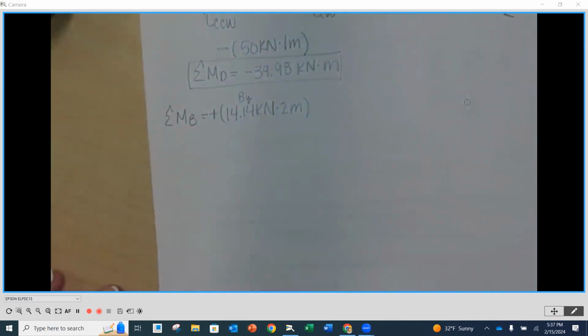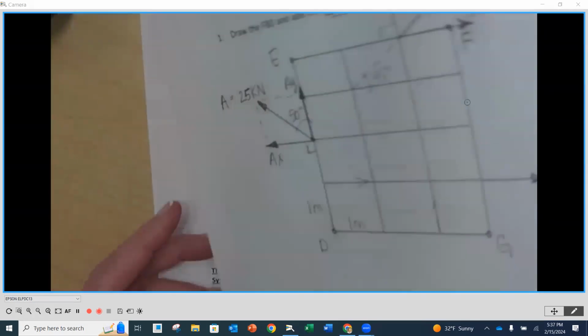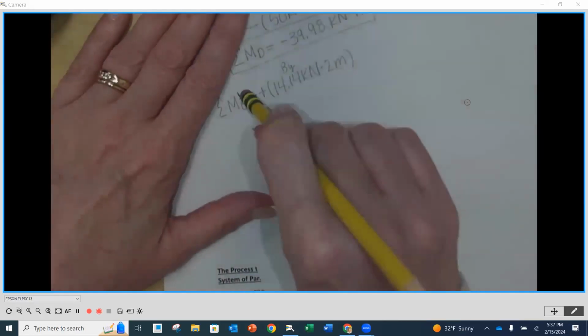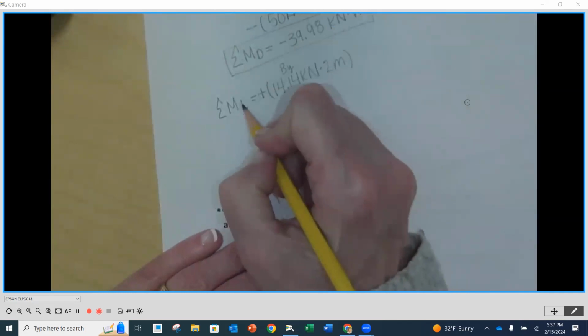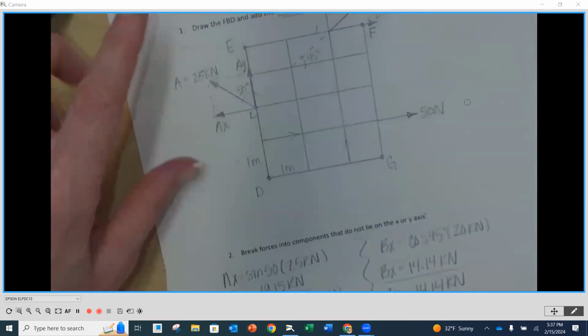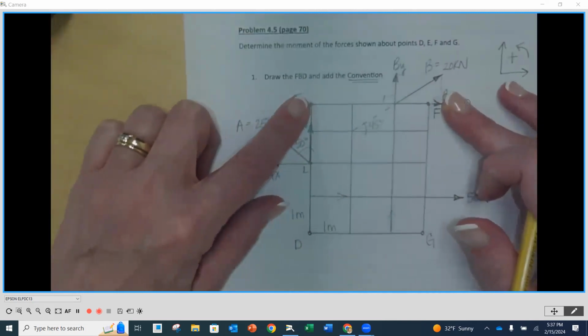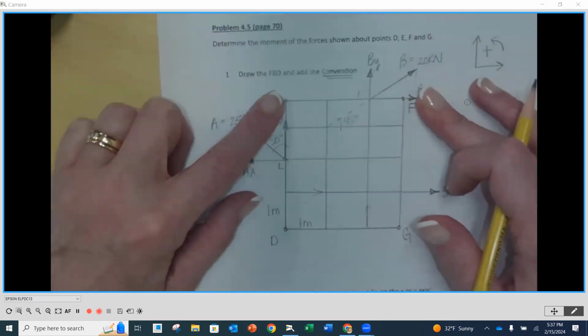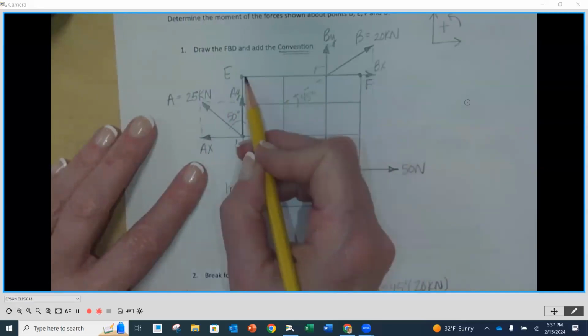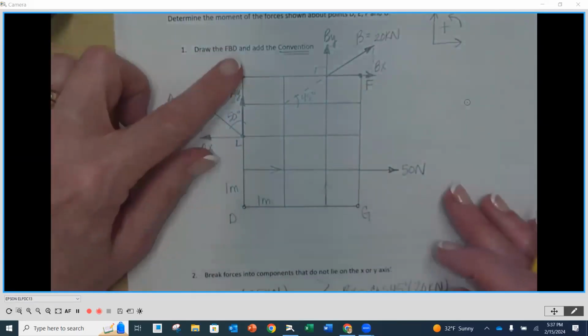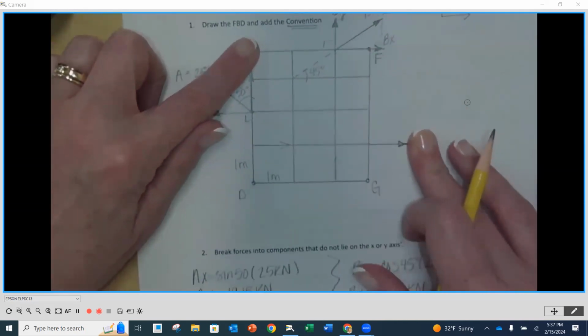Our next one, as we go, some of the moments around E, not B. I'm gonna pull on my B, X component does not cause rotation, so we're not gonna include it. We pull it back along its line of action, it goes through that point. No moment generated. But now if I go down to my 50, that causes a rotation.